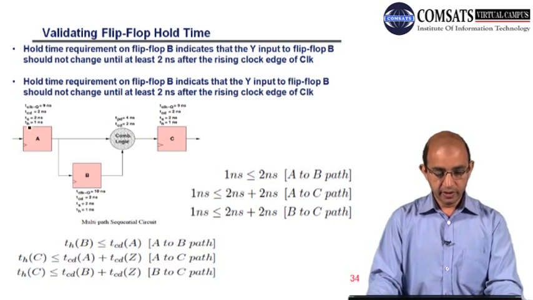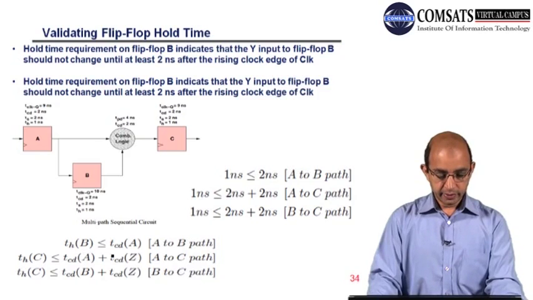For the shortest path I need 2 plus 2, and then for B to C you can see we have 2 plus 2. So again here it holds.